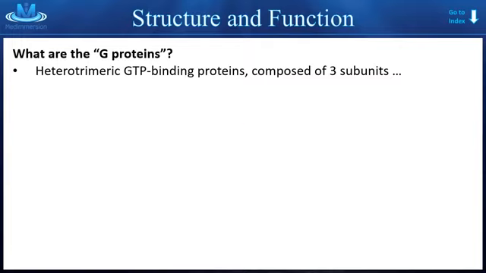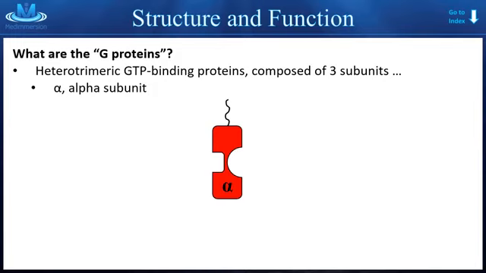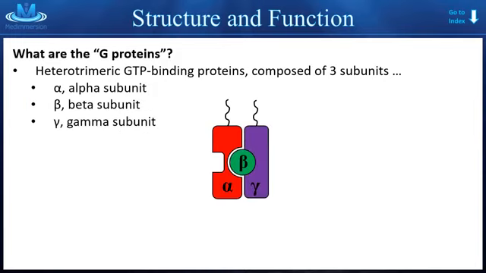So first there's the alpha subunit, then the beta subunit, and then the gamma subunit. And you should also notice from my illustration here that the beta and gamma subunits are more tightly linked together than the two are to the alpha subunit. So actually the beta and the gamma stay connected where the alpha subunit separates itself in normal function.